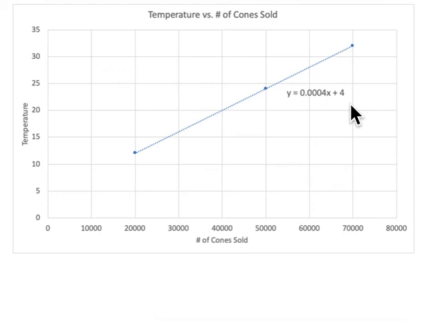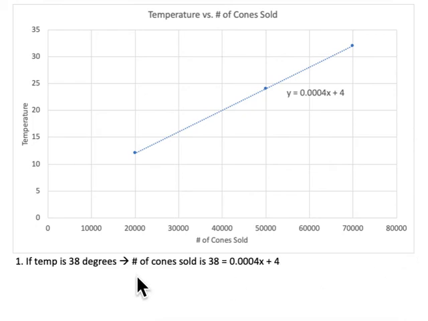So what does this mean? Y being the temperature, X being the number of cones sold, with this formula. If you answer the questions, you're going to look at if temperature is 38 degrees, so if we go up here above the graph at 38 degrees, the number of cones sold will be something. So 38 degrees is the Y, 0.0004x, which is the number of cones, plus 4.